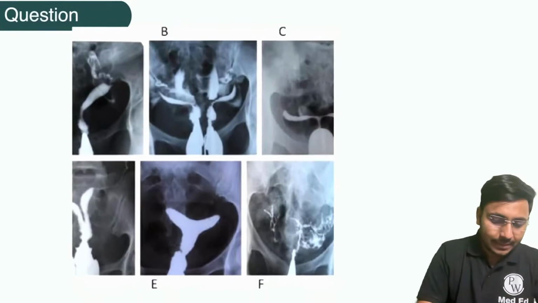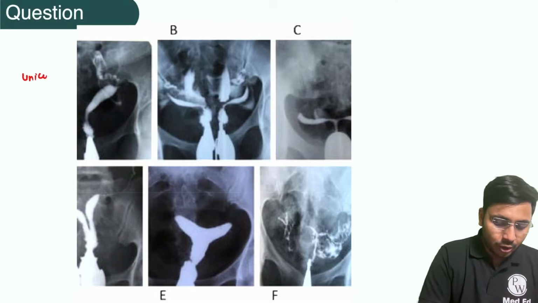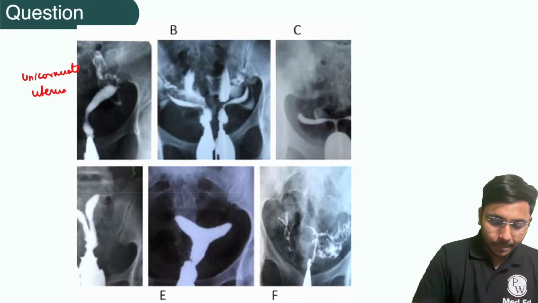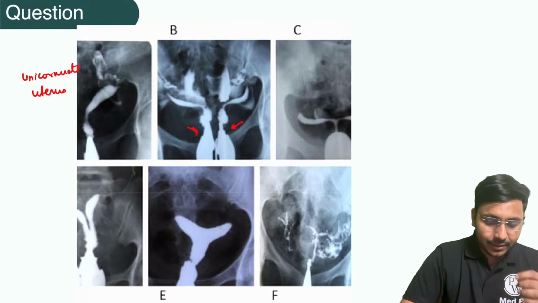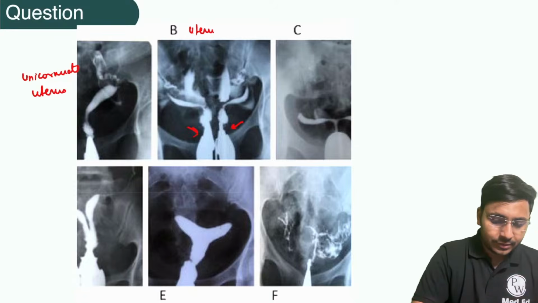Right? So let's label the other types also. So this is unicornuate uterus. This is two cervix and two uterus, so this is uterus didelphys.